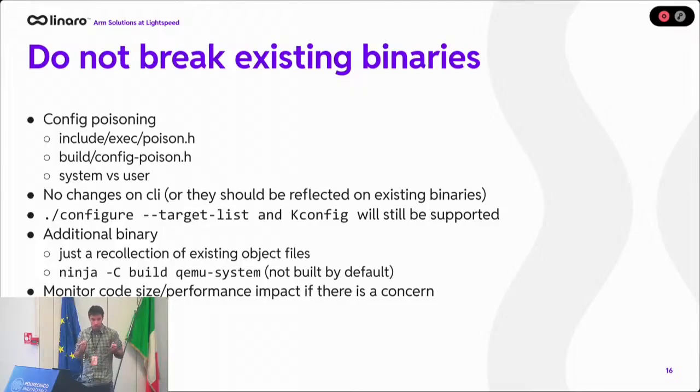So we are really not generating new object code. We are just linking them in a different way, and all the transformations we made before ensure they can be linked together. So there is no new binary or whatever. It's really just a new way to link all the things together, and it should work. And as you see, we have a patch on our side, we can just build it with the Ninja command I put here.